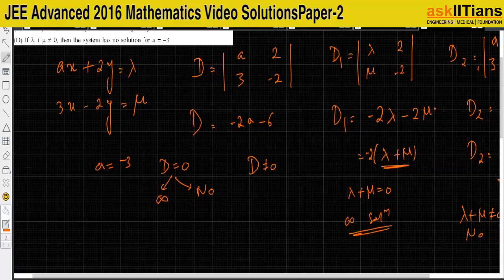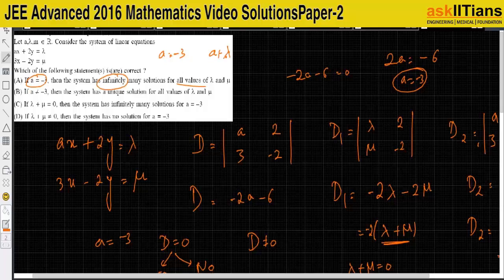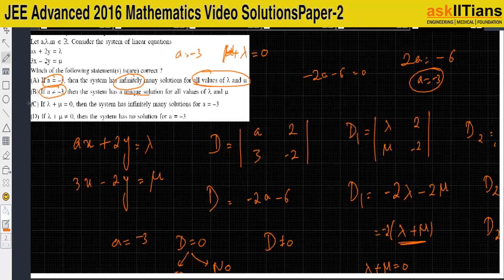Now check the options. Option A is definitely not correct, because I'll get infinitely many solutions only if A is minus 3 and lambda plus mu is equal to 0, but this is not written anywhere. It's not true for all the values of lambda. If A is not equal to minus 3, in that case I'll get a unique solution. That's correct, D will be non-zero.